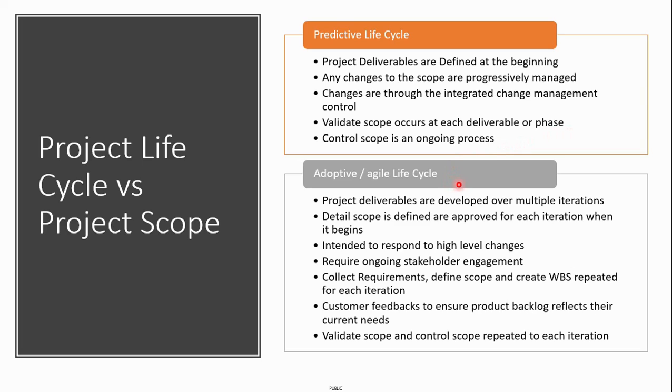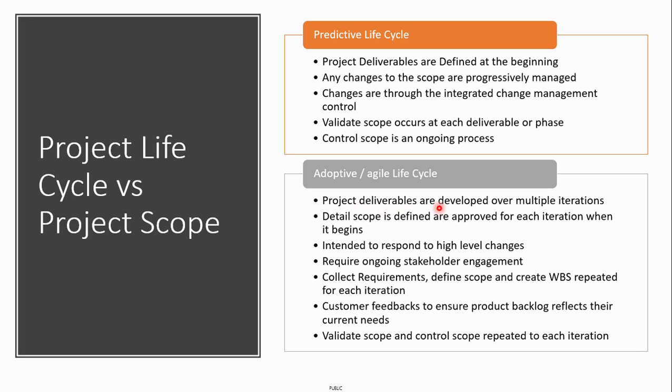But if you are adapting to an agile project management style, or you are going to an iterative, adaptive style, the project deliverables are developed over multiple iterations.